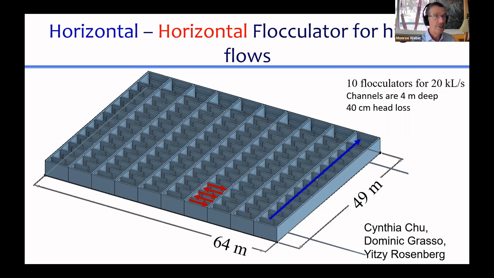So in this type of flocculator, the flow is all horizontal. It's horizontal down the length of a channel, and it's horizontal back and forth around the baffles as it goes down the channel.